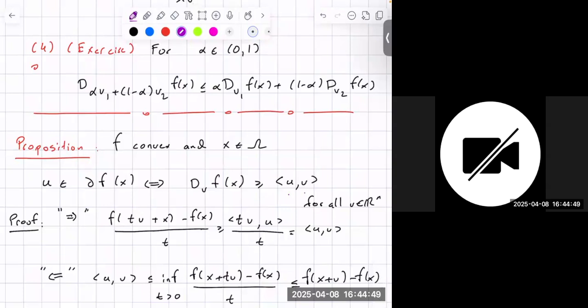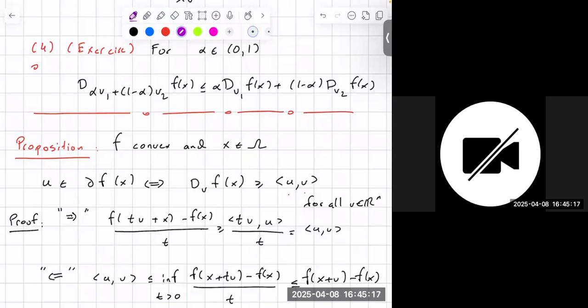So what else do we have? If you do some math, this also gives you another description of the subgradient vectors. For a vector to be a subgradient, take that vector, multiply it with your direction v, and the number you get should always be less than or equal to the directional derivative we talked about. This should hold for any direction. So it's a different characterization of those subgradient vectors.